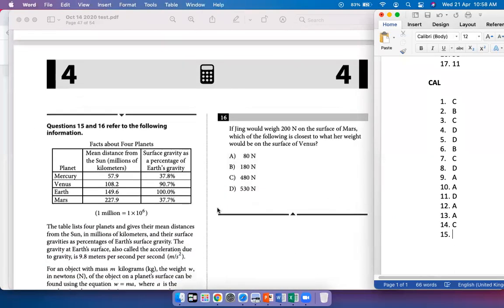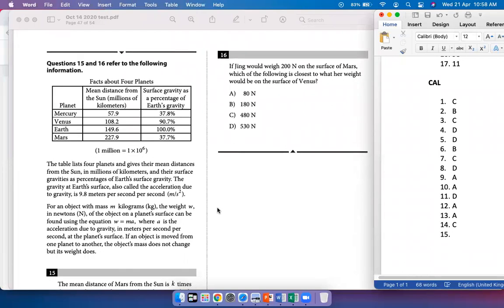Okay, let's go to number 15. So the table lists 4 planets and gives their mean distance from the sun in millions of kilometers and their surface gravities as a percentage of Earth's surface gravity. The gravity at Earth's surface, also called the acceleration due to gravity, is 9.8 meters per second squared.